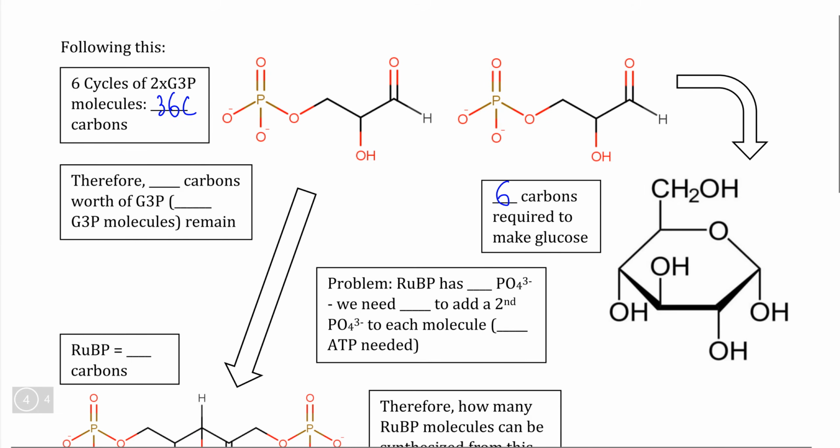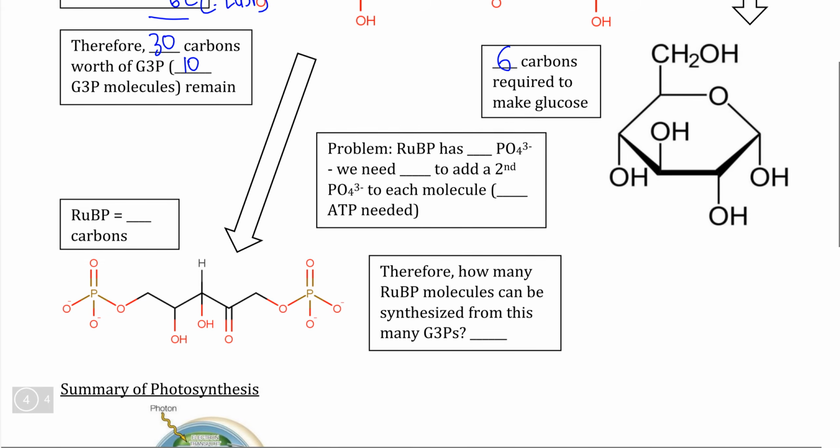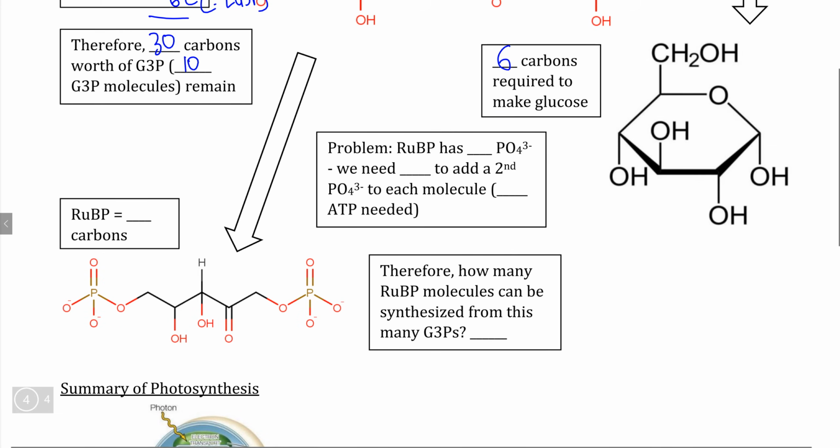Therefore, since it takes 6 carbons in order to make glucose, we are going to remove 6 carbons, which is equal to 2 G3P molecules, in order to make glucose, and then we would have left over from this 30 carbons worth of G3P, also called 10 individual G3P molecules, which is exactly enough to produce 6 RuBP molecules, because if RuBP has 5 carbons, 6 times 5 is a total of 30 carbons required.